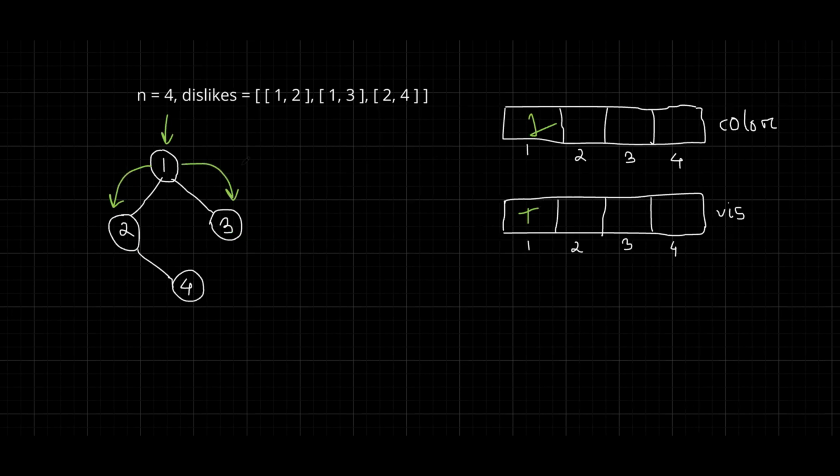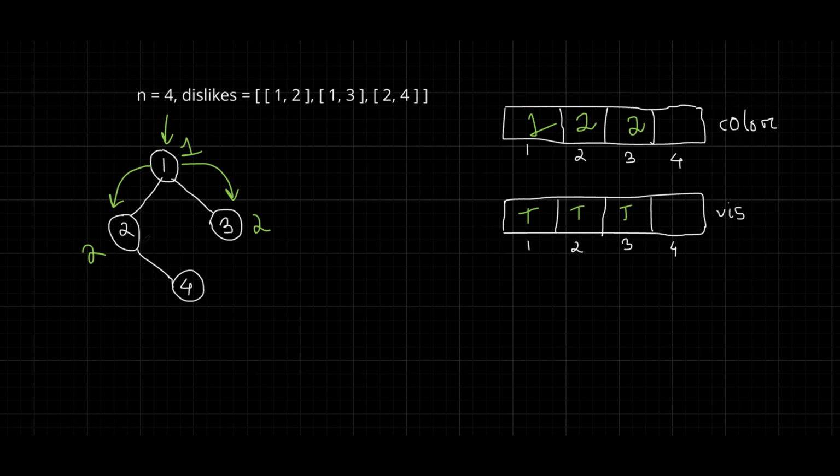Now in the left subtree, as the color of 1 is 1, we have to make the alternating color, which is 2, for both of its children. So we make the color 2 for node 2 and 2 for node 3 and make them visited.